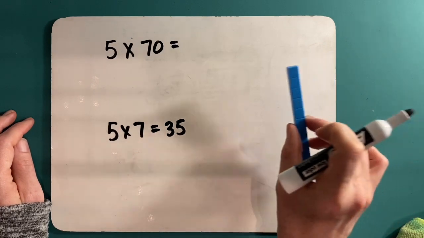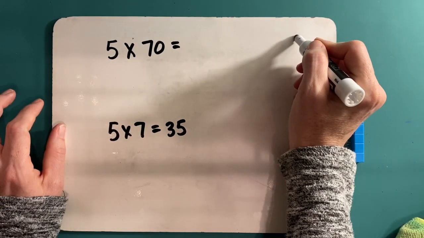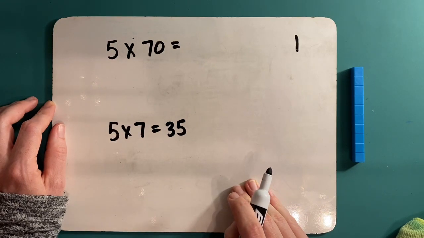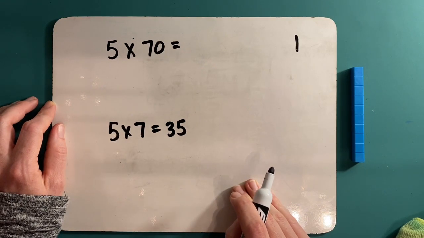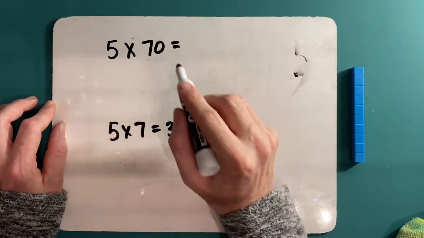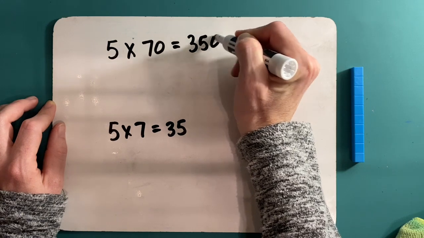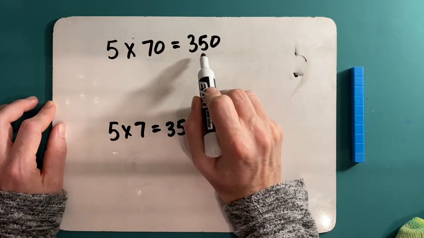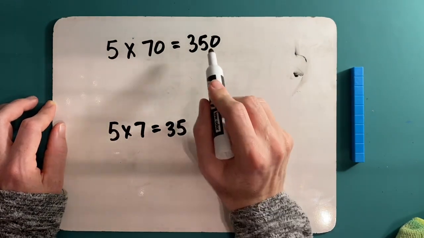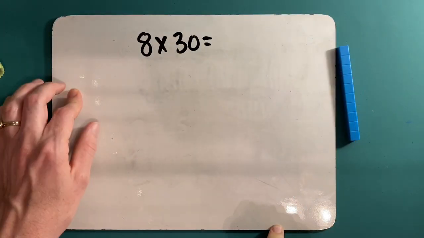Use longs or drawn out longs if you need to solve this problem. Great. 5 times 7 equals 350. 35 with the 0 at the end. 35 tens.